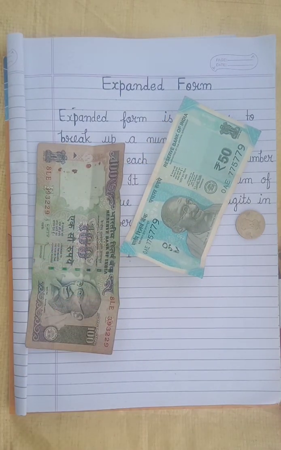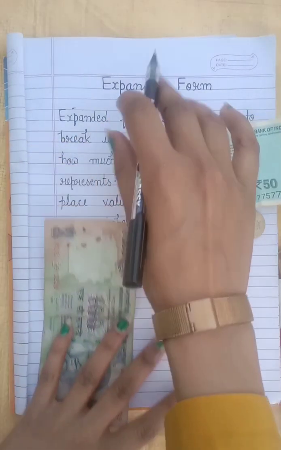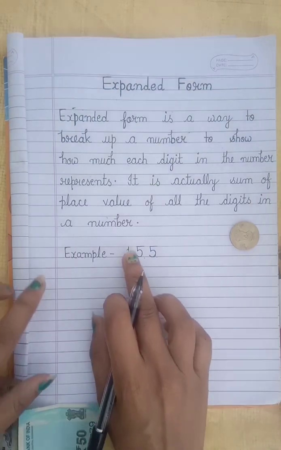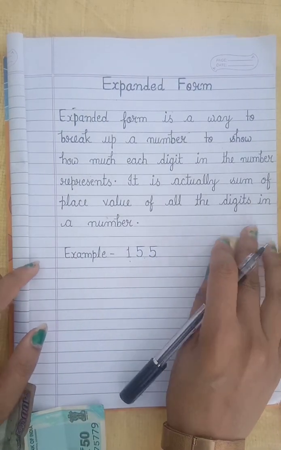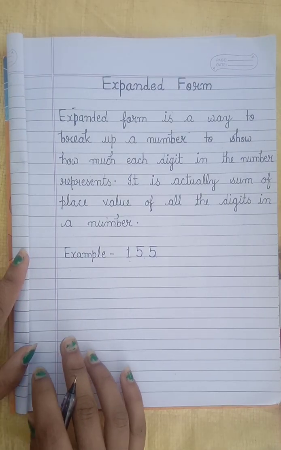Dear students, we need expanded form every day in life for making payments and for many other things. Now let's see how we go about writing the expanded form of the same number, 155.